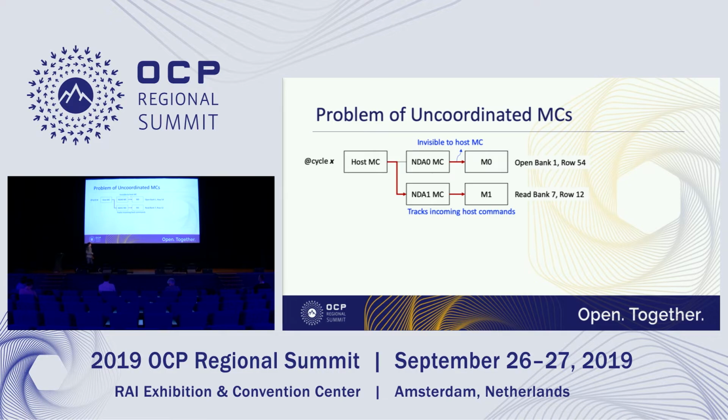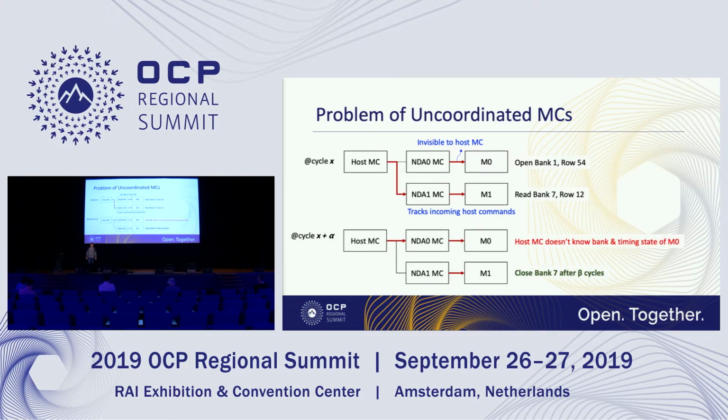But the NDA0 memory controller is internally accessing its memory, and this access is invisible to the host memory controller if there's no backward signaling. This becomes a problem because after alpha cycles, say the host memory controller now wants to access memory 0, but there's no way it knows the bank and timing state of M0.